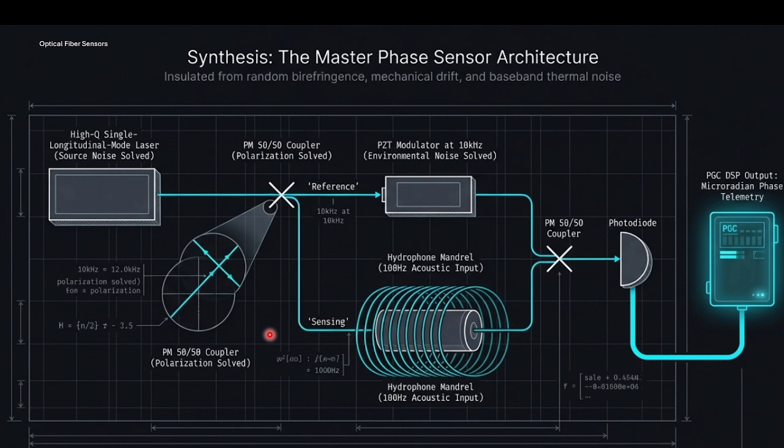Then, since this is the master plan sensor architecture, how does it actually work? If you are talking about the phase modulating sensor, you can see here the high Q single longitudinal mode laser, source noise solved, so everything is solved, and a proper high Q laser is used for that.